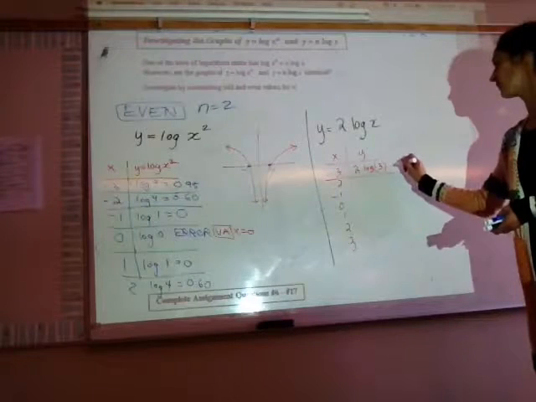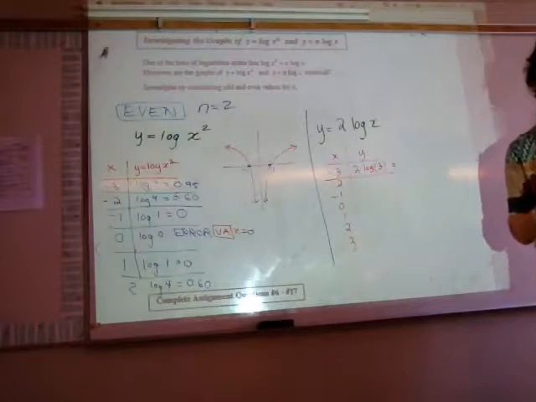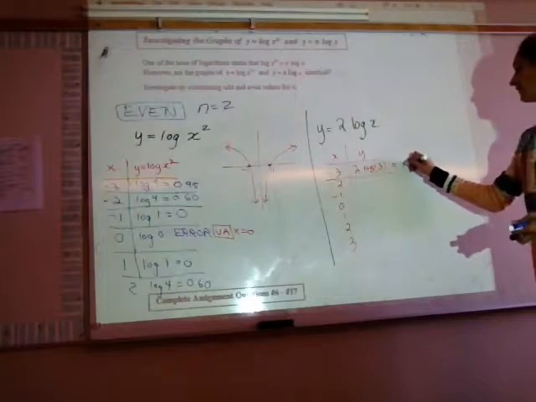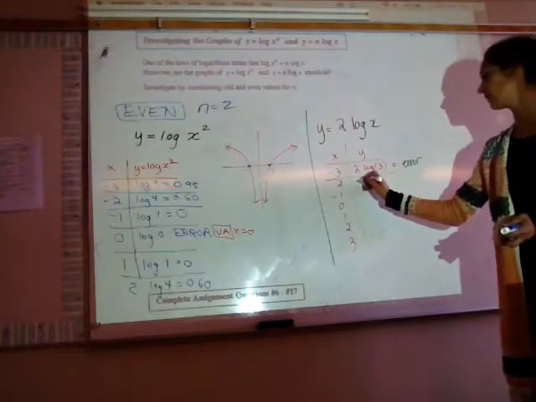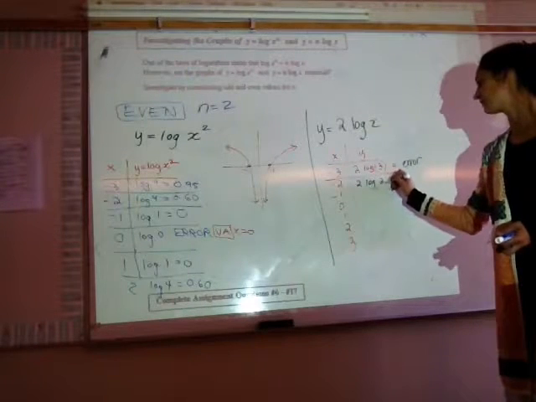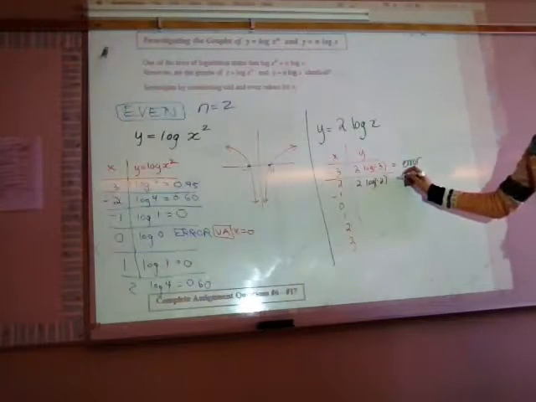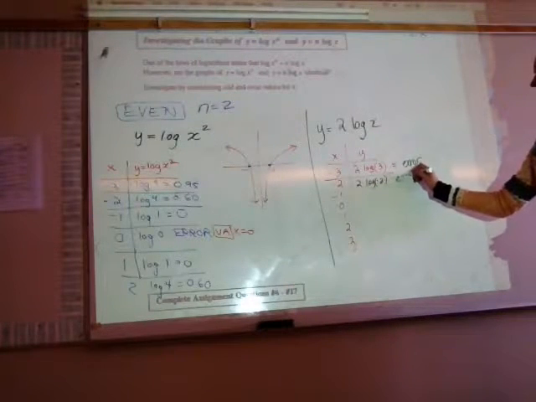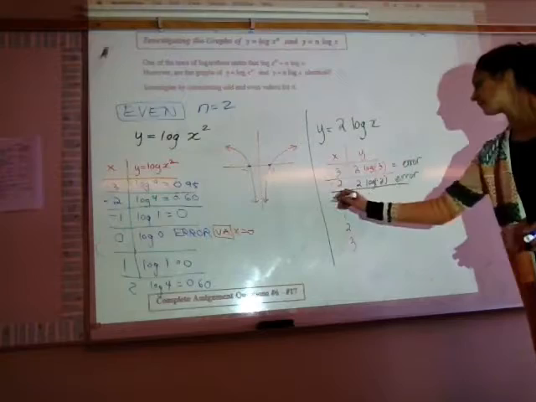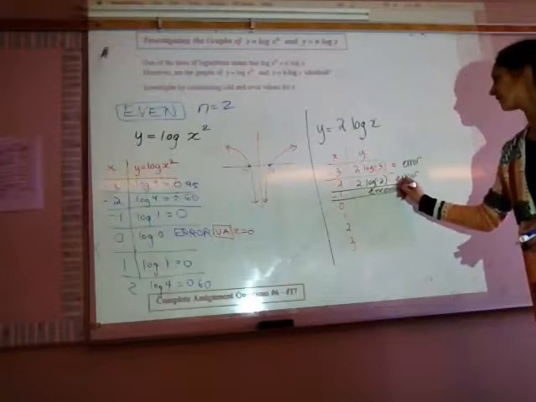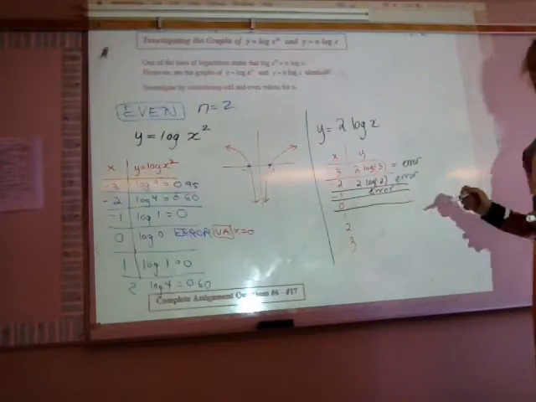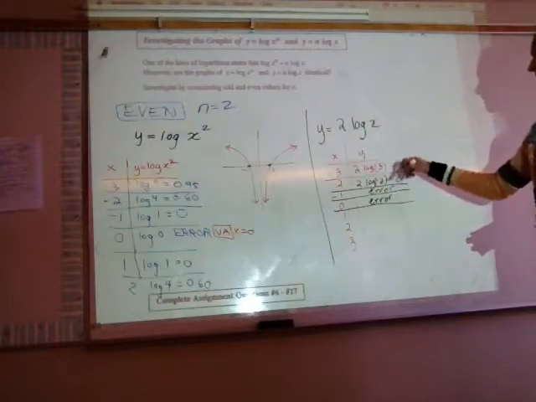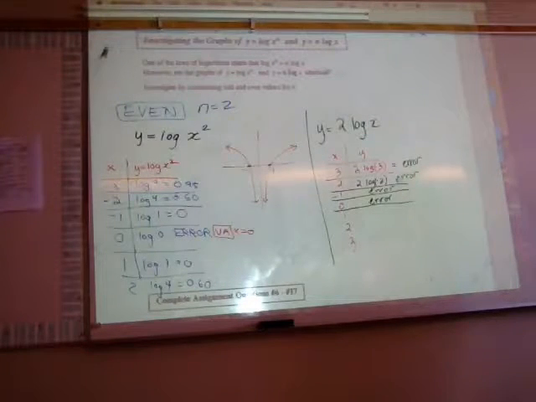Do you guys remember if we're allowed to take negative logarithms? No. So 2 times something that doesn't exist still doesn't exist. We have an error. What about 2 times log negative 2? If we have a negative logarithm, does it exist? No. And we're going to have an error for negative 1. What about log 0? Does that exist?